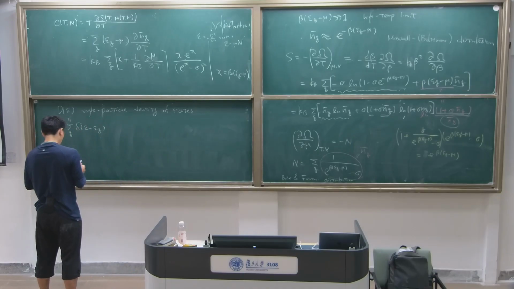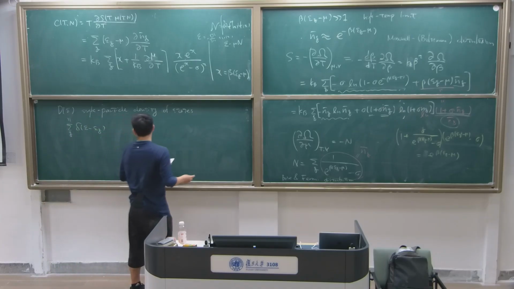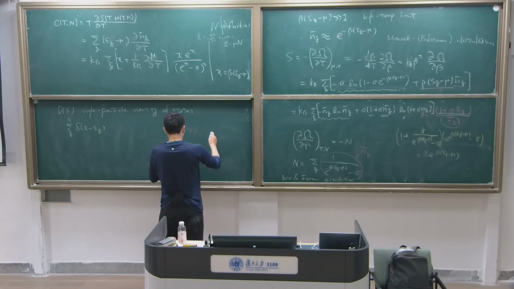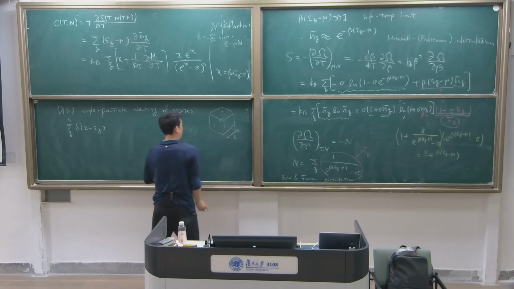Suppose the system is an ideal gas in a box of length L in d dimensions.